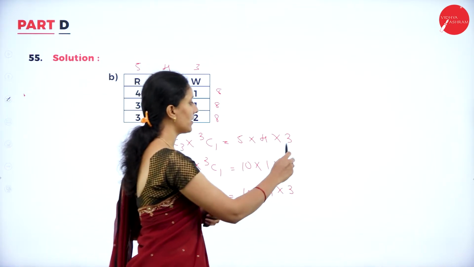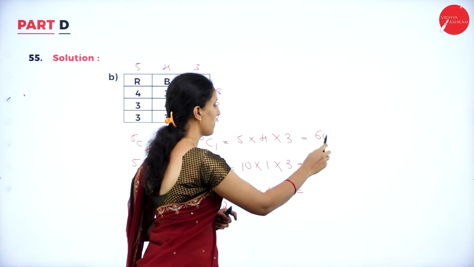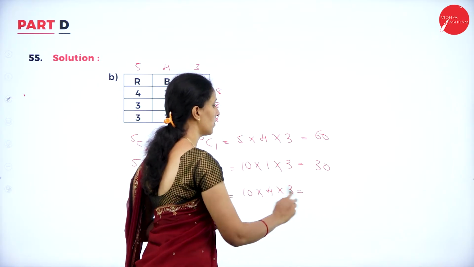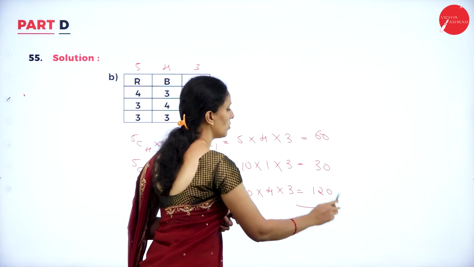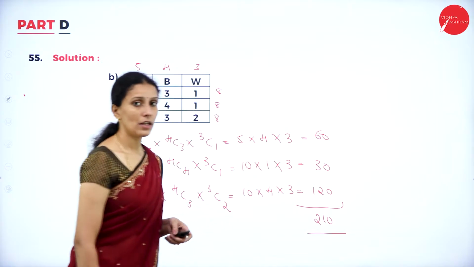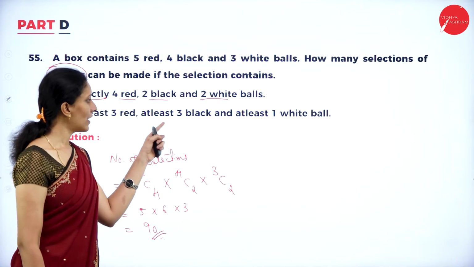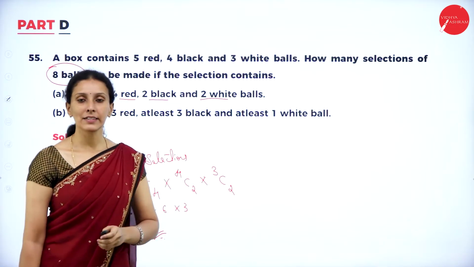So on multiplying this, we get 60, here 30, 120. So total we will get it as 210. So this is the number of selections for at least 3 red, at least 3 black and at least 1 white ball.